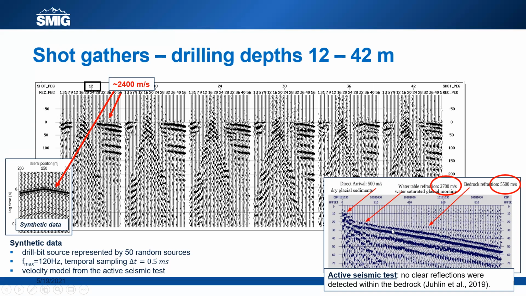So the result of that was also partly interpreted when looking at the velocities here. For instance, this direct arrival, this part of the section, was indicating that we have dry glacial sediments here, and then this refraction here is a water table refraction, water saturated glacial moraine, at about 2,700 meters per second, something that we basically observe in our data everywhere.